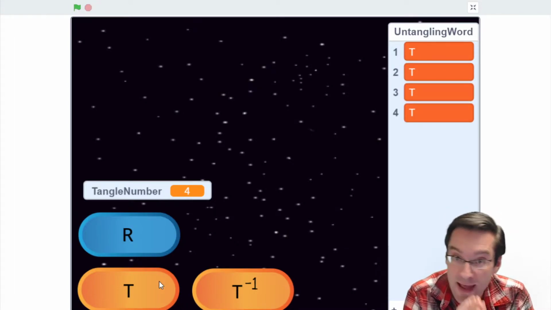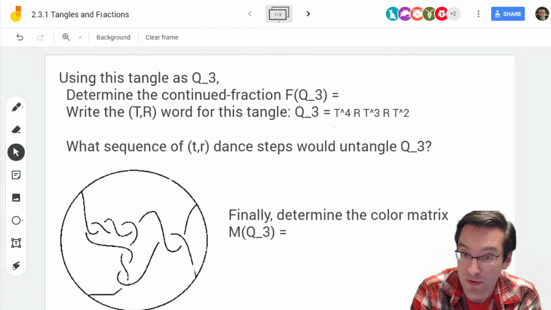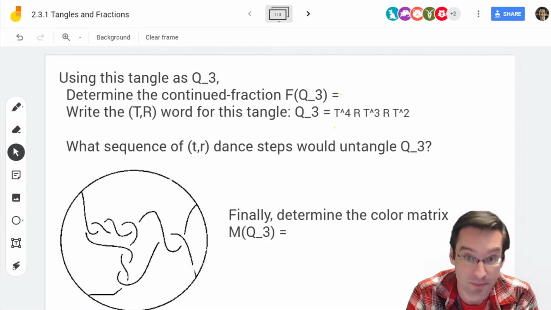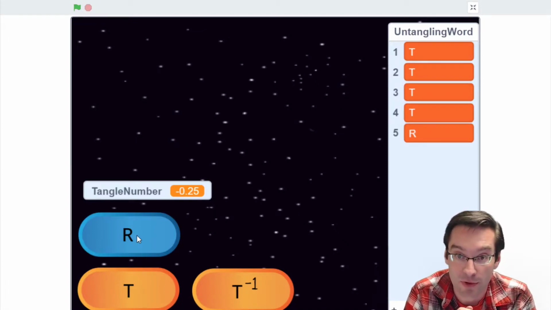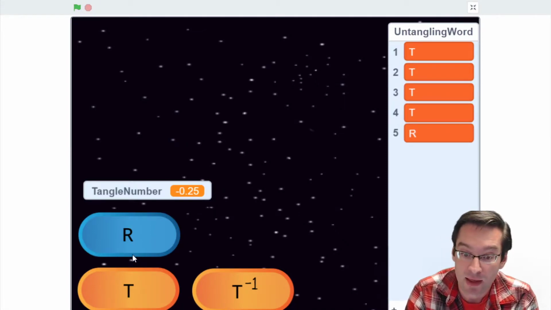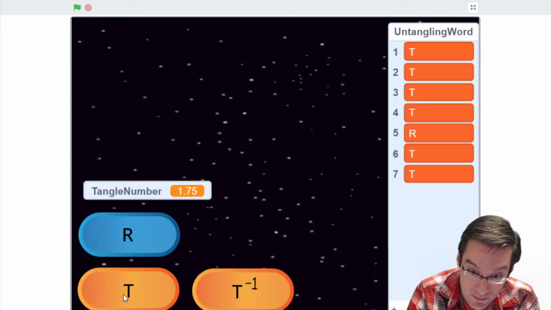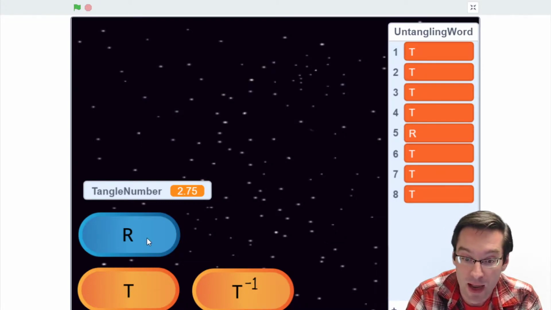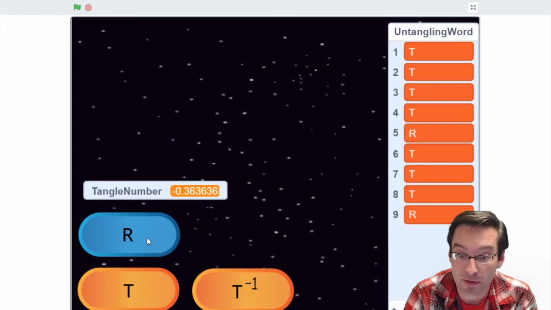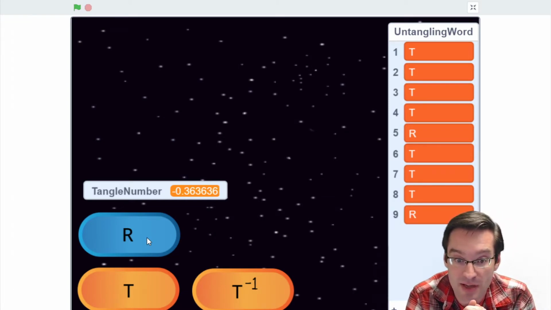And then the next step in my word is a rotation. And every time I do a rotation, I'm taking an opposite reciprocal. So 4 turns into negative 1/4. And then I do 3 more twists, and so I add 3 to my tangle number, and now it goes up to 2 3/4, or 11/4. The opposite reciprocal of which would be minus 4 over 11, which is kind of a nasty number.